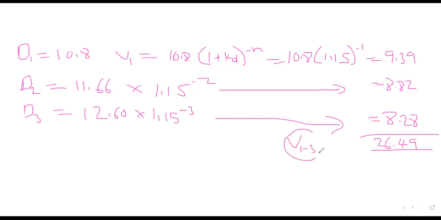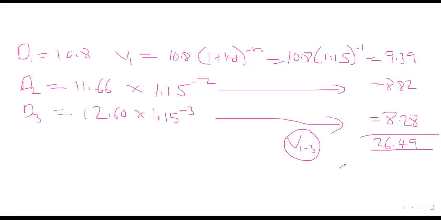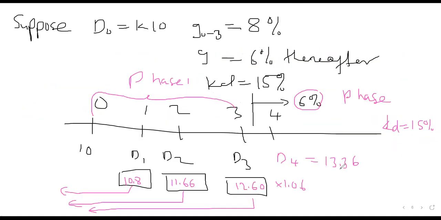So discounting these for 3 years under phase 1, the value of stock here is what? 26.49. Now, value of stock in phase 2, we'll now use the Gordon method.